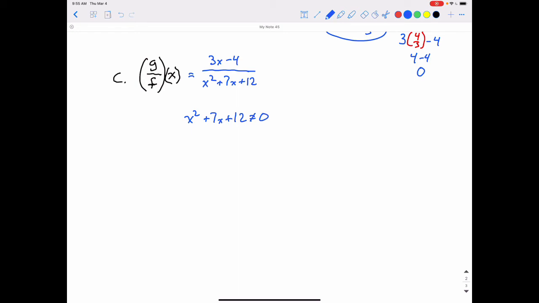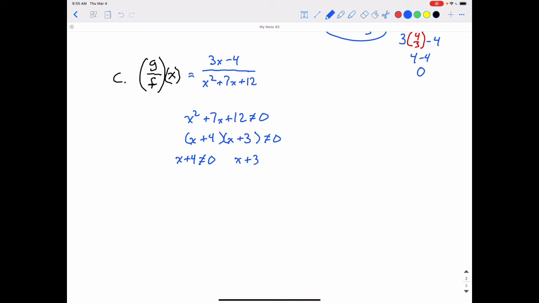So how do we solve this problem when it's got an x squared in it? Well, you can either factor it or use the quadratic formula. This one is factorable, so that's what I'm going to do. I split up x squared as x and x, and the factors of 12 that add up to 7 are 4 and 3. Then I set each one of those parentheses not equal to 0, and I solve those.